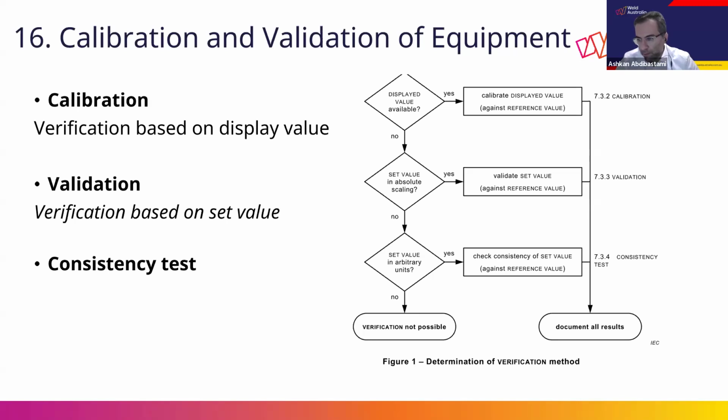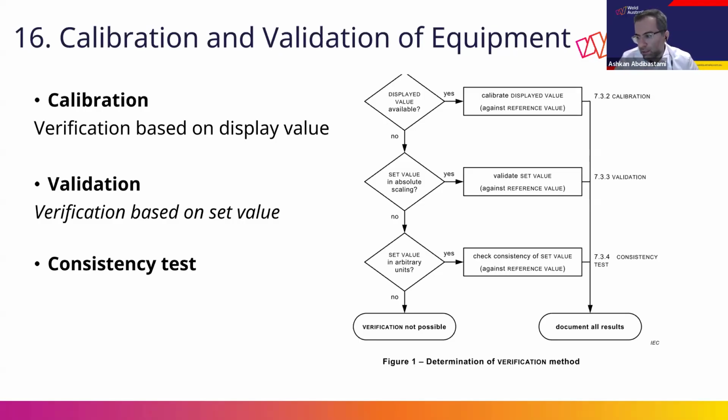We verify the welding machine with one of these methods: calibration, validation, or consistency tests. So the term verification is the final outcome, but the technique or the method or the procedure that we use depends on the power source: either calibration or validation or consistency test.